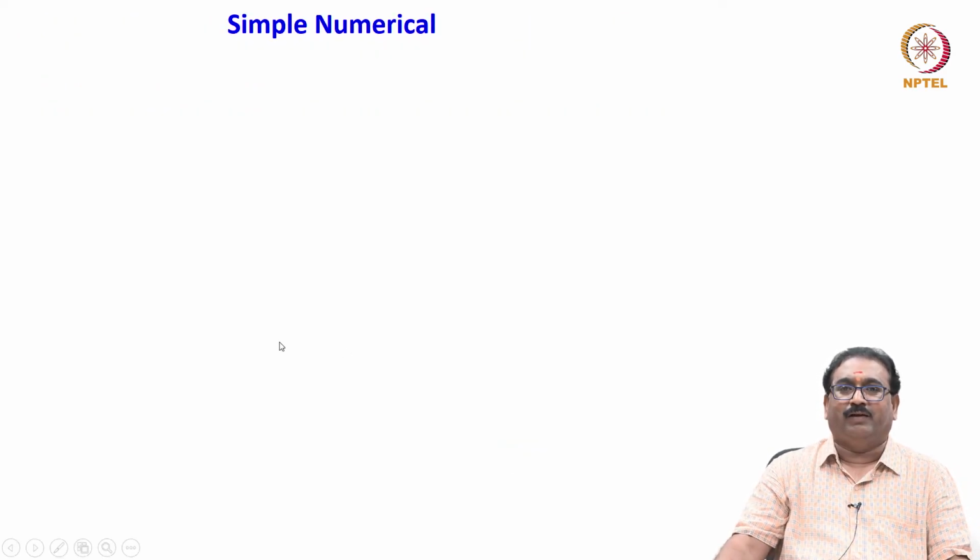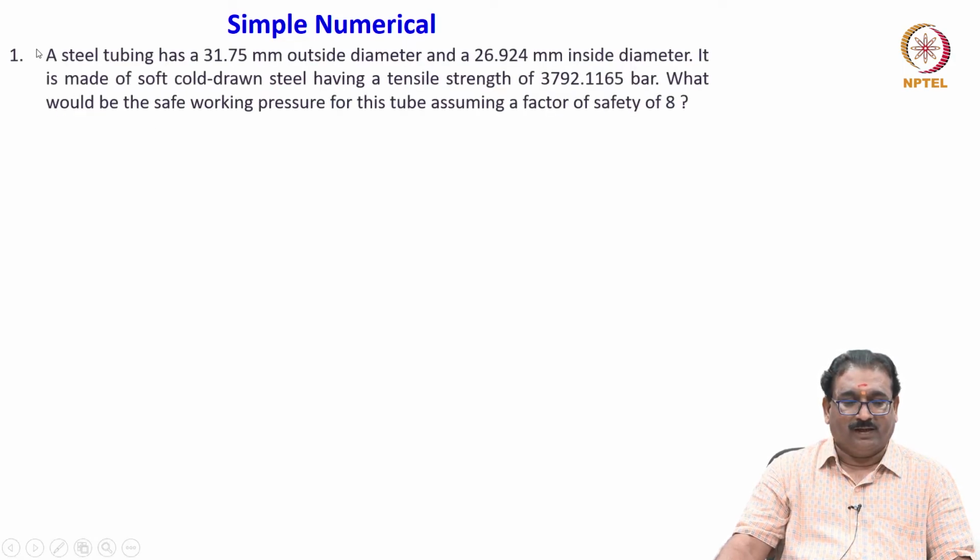Now quickly we will see one numerical on this fluid burst. A steel tubing has a 31.75 mm outside diameter and a 26.924 mm inside diameter.